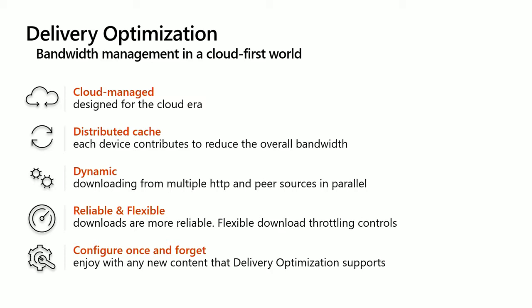Given that this is part of Windows and it's actually enabled by default on all of your machines, we fine-tune the behavior to meet both consumer devices and commercial devices.